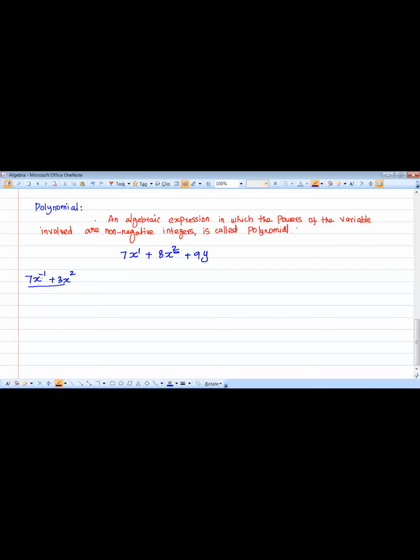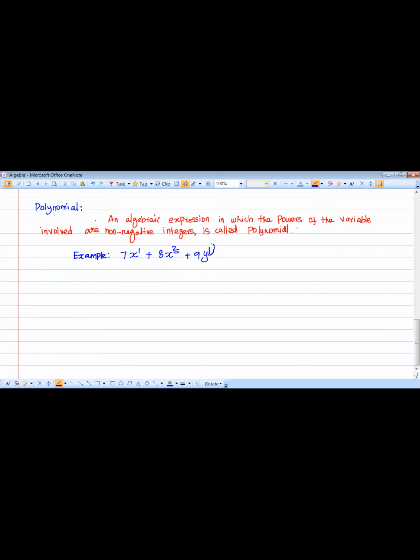Why is it not a polynomial? The power of the variable should be non-negative in a polynomial, but here it is negative. So that's why we can say this is an algebraic expression, but it is not a polynomial. Got the point clear? So it should be a positive power always. This is one example of a polynomial: 7x power 1, 8x square and 9y power 1.